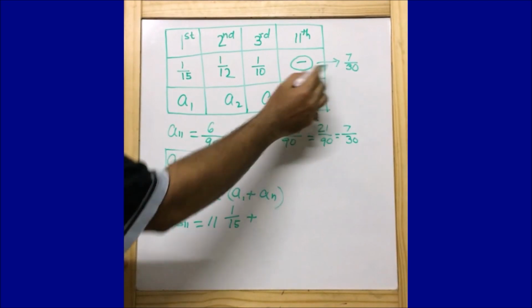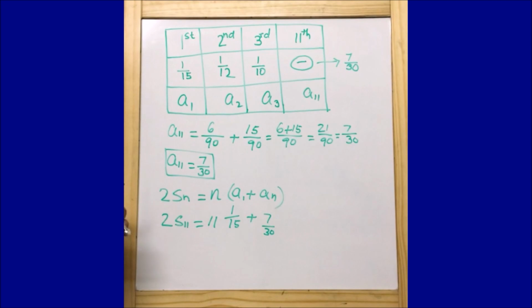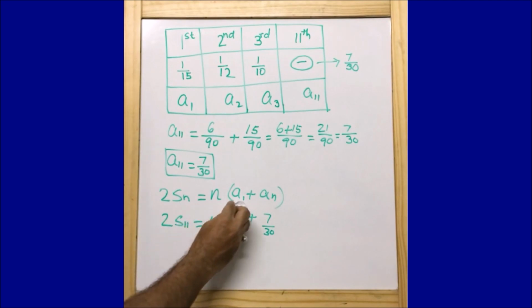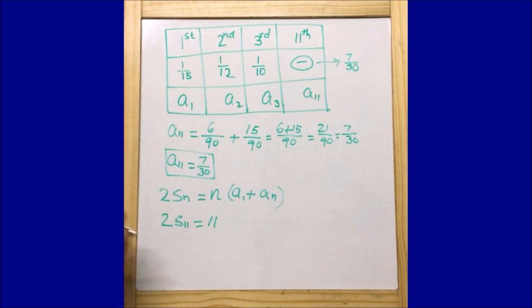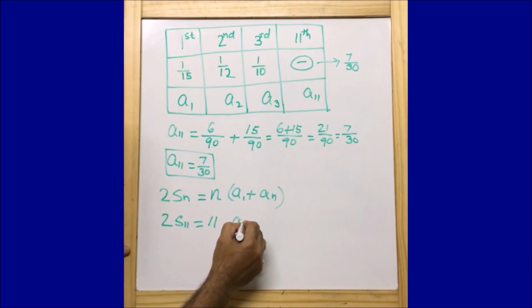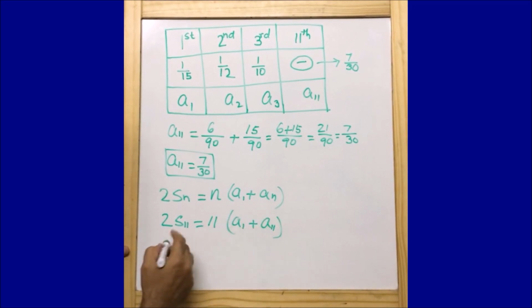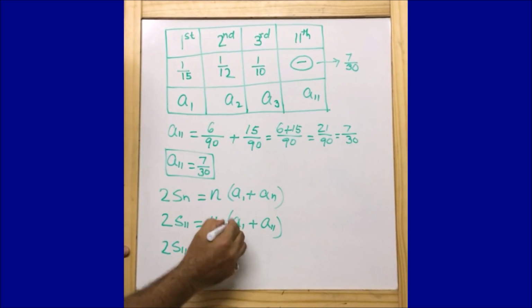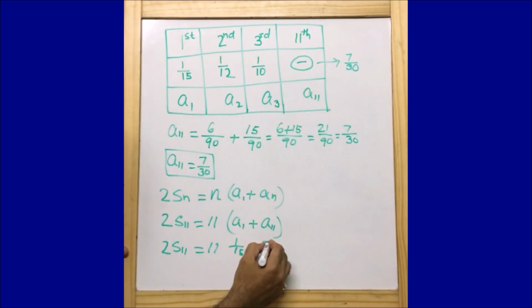We found the value of A11 as 7/30. We can also write it like this so that the examiner will not get confused: 2S11 is equal to 11 into (A1 plus A11), so the things will be easy for everyone. Now 2S11 is equal to 11 into (1/15 plus 7/30).